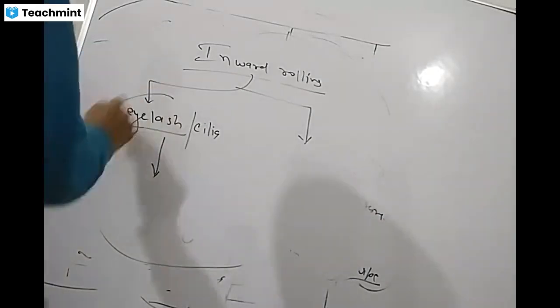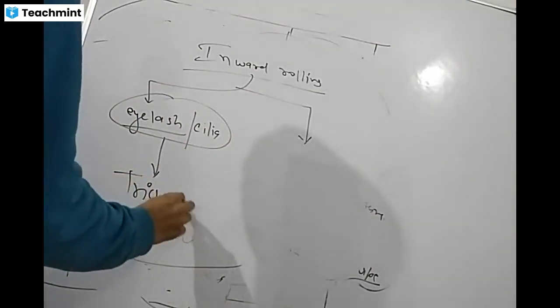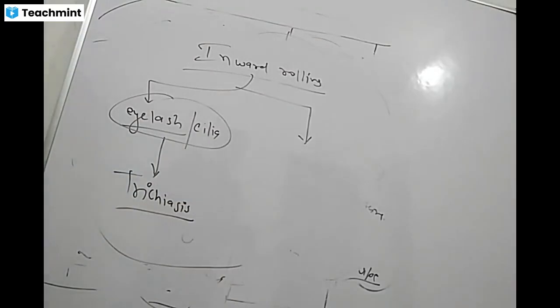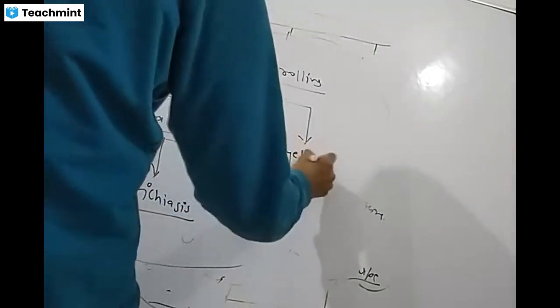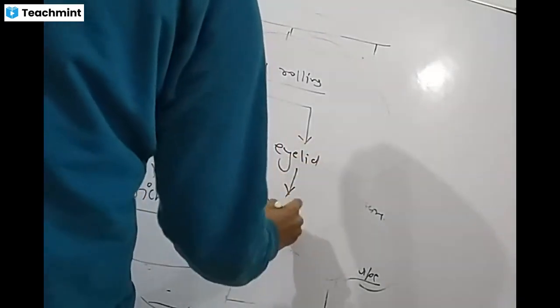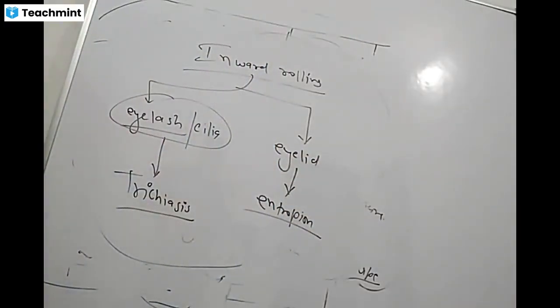The inward rolling of eyelashes or cilia is called trichiasis, and the inward rolling of the eyelid is called entropion. These are very important terms if they ask about inward rolling of cilia or of the eyelid. If only cilia, only eyelashes, the term is trichiasis, and for the eyelid, entropion.